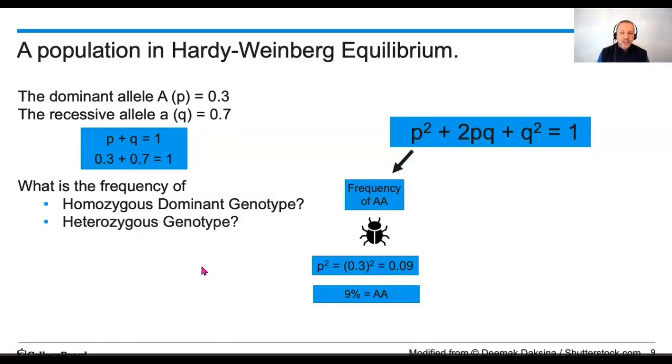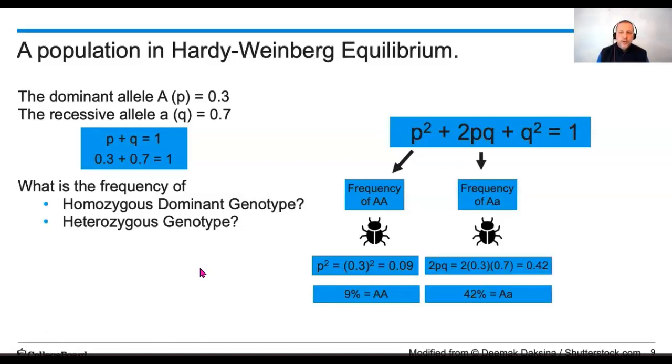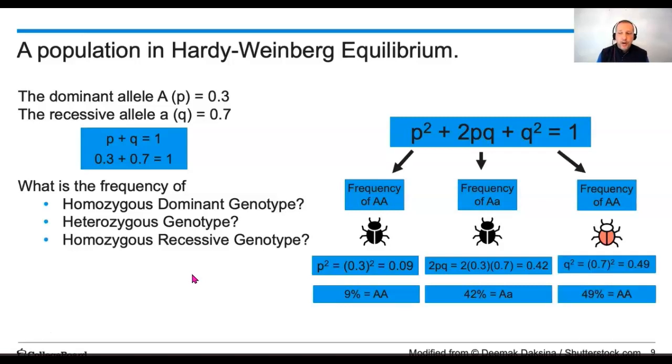For the heterozygous genotype, it is equal to 2pq, which is equal to 2 times 0.3 times 0.7, which equals 0.42 or 42%. And then finally, what is the homozygous recessive genotype? Well, that is equal to q squared, which is 0.7 squared equaling 0.49 or 49%. It is important to be mindful of your decimals when you're working with the Hardy-Weinberg equation.